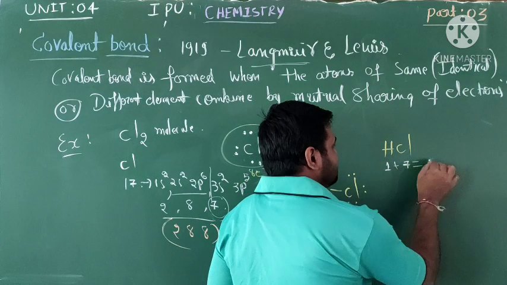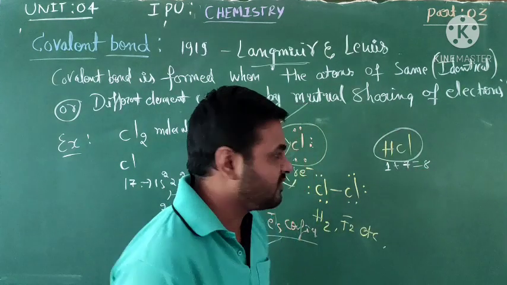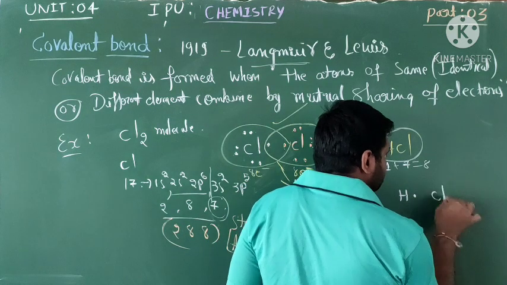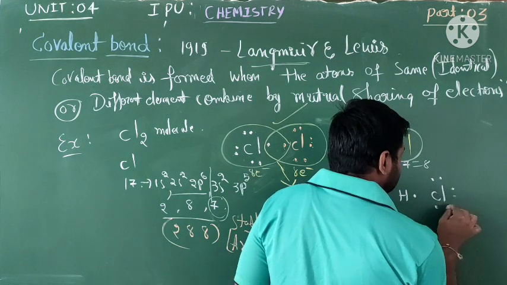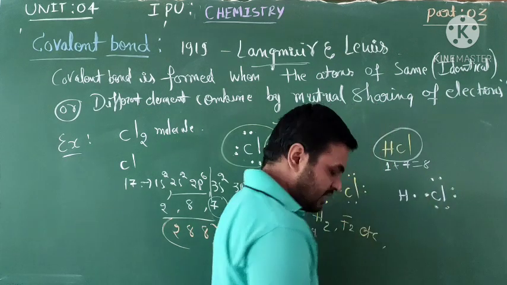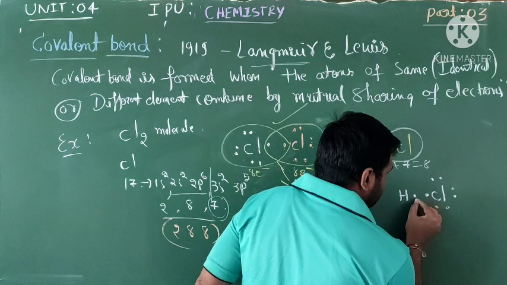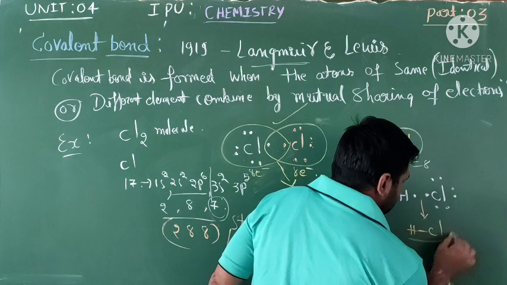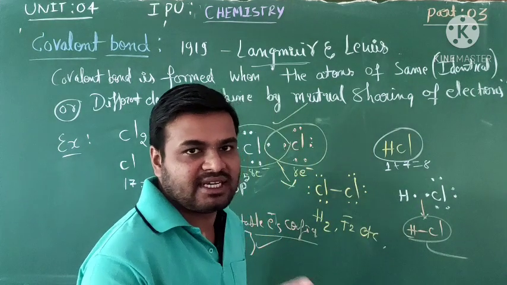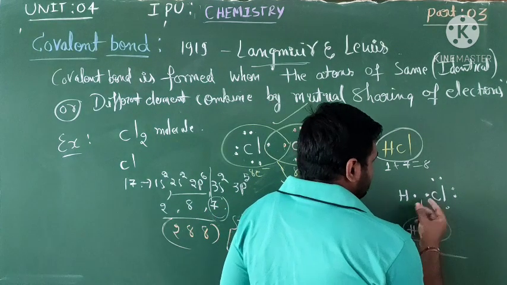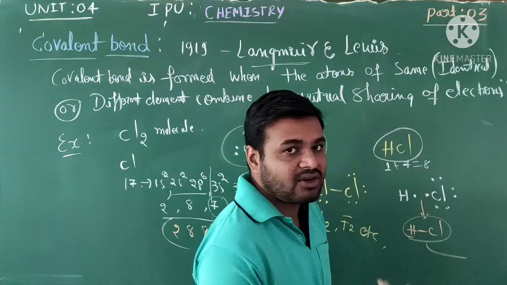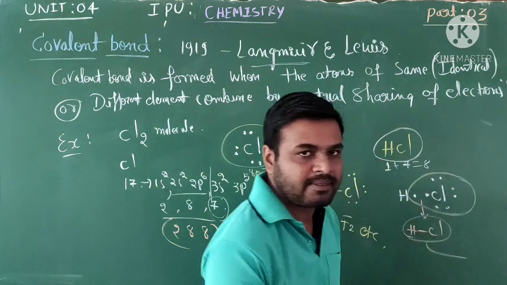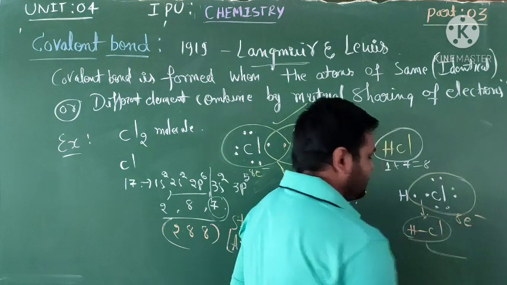Okay, the total is 8 in the molecule. So H has only 1, and chlorine has 1, 2, 3, 4, 5, 6 and 7. Okay, these two are sharing, forming one covalent bond. So how do they get the octet? The chlorine has 1, 2, 3, 4, 5, 6, 7, 8. Yes, this is 8 electrons.